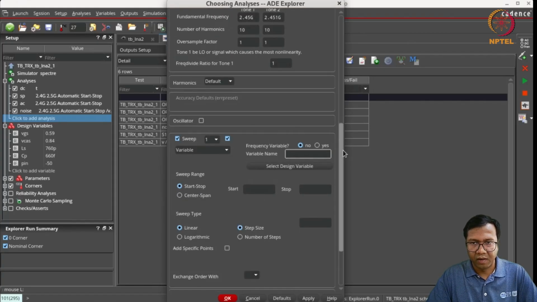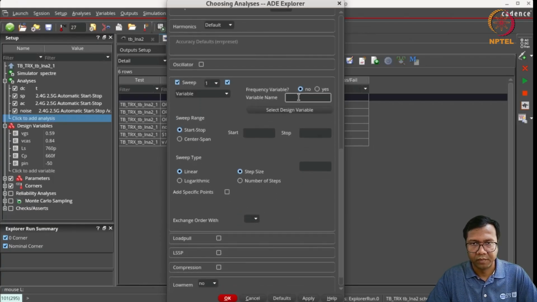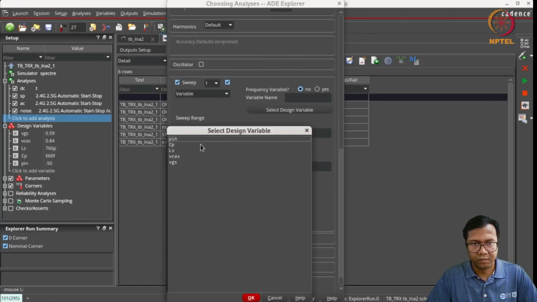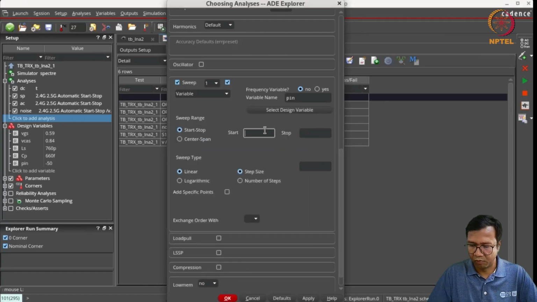And for the IIP3, let us also sweep the input power. So we'll sweep from minus 50 till minus 30 dBm with a step size of 5 dBm.